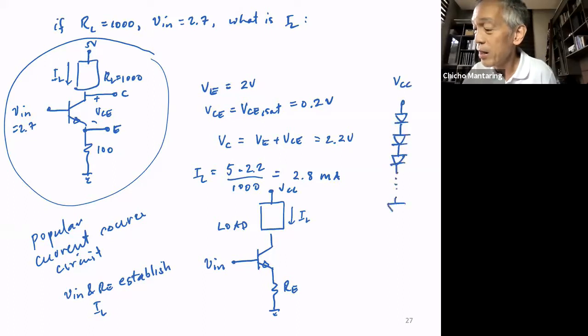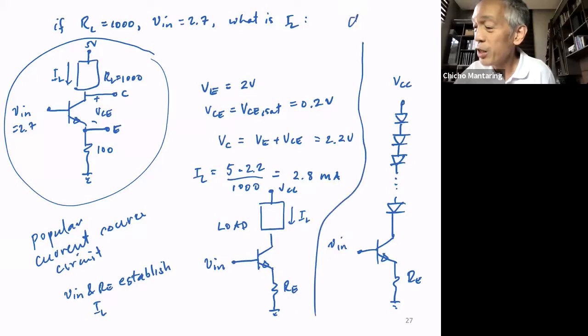And then you have your transistor, and then you have RE, and V in. Usually you choose V in and RE. So IL, ito yung IL.